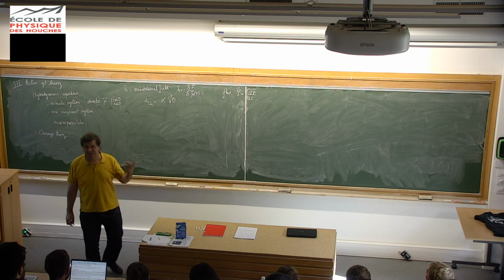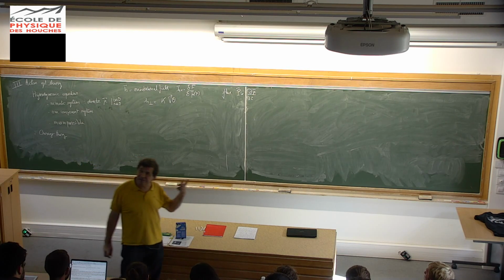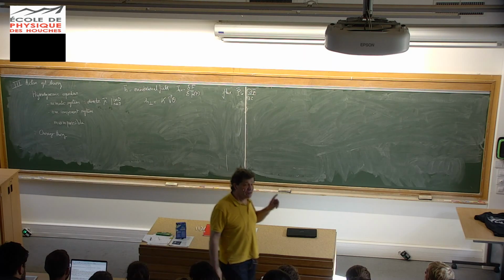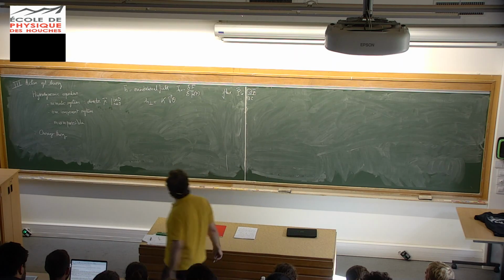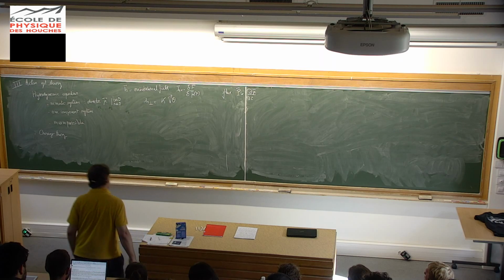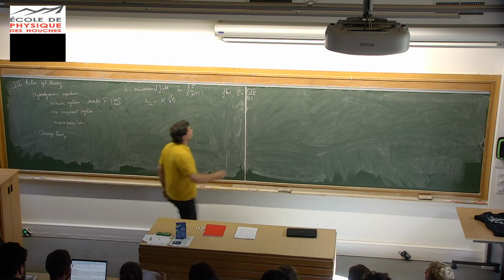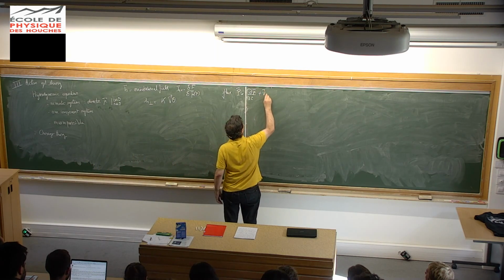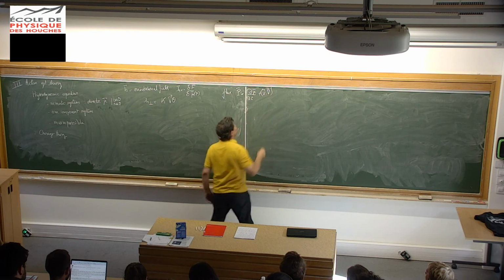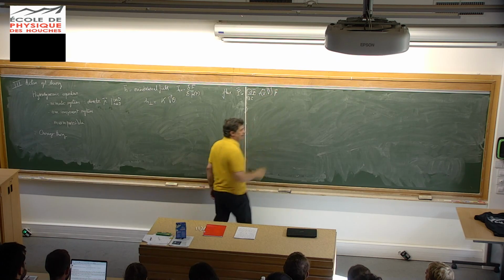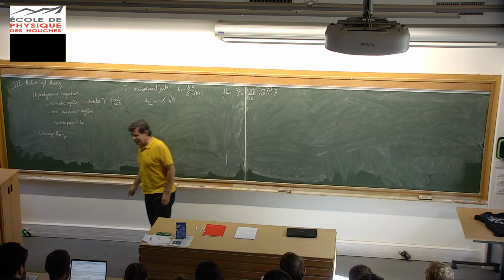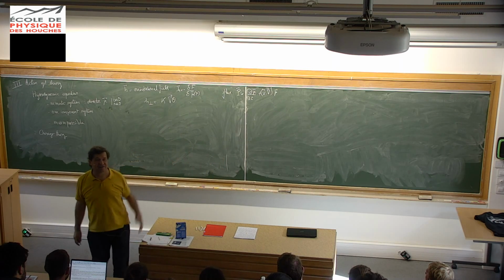In fact, if I want my theory to be invariant by translations and rotation, I have to take the co-rotational derivative. So for a vector, it's easy to write. So I'll write it plus v dot grad t. This is the thing that ensures that your theory is invariant by Galilean transformations.